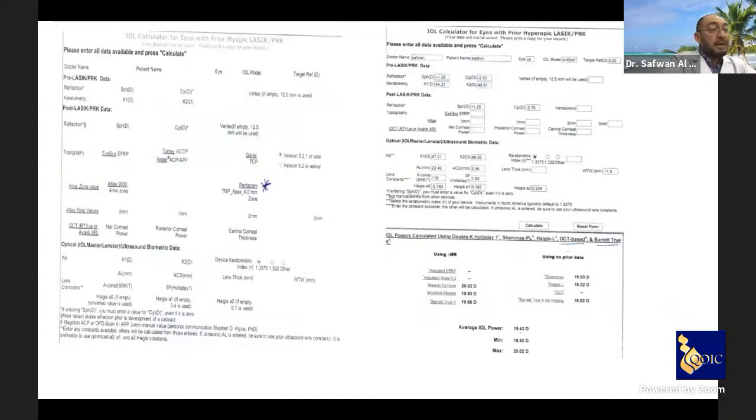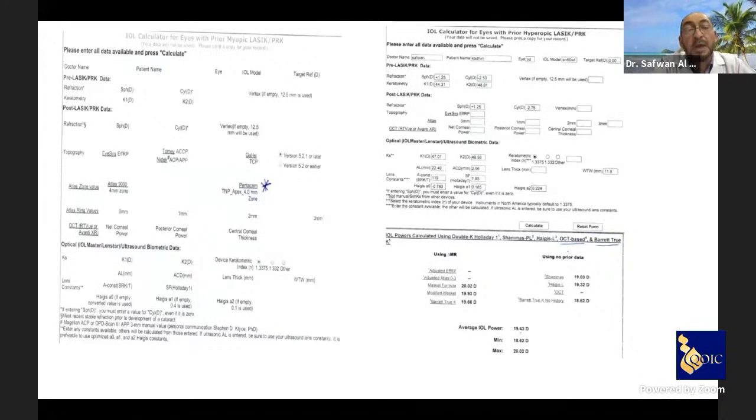I have 7 minutes. Now, this is the page with the formulas, with the data that we need to enter. One of the things I'm using is the net corneal power apex for 4 millimeter in myopes, and it's only in myopes, not in hyperopes.